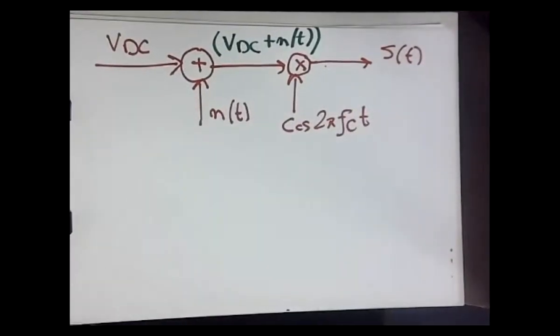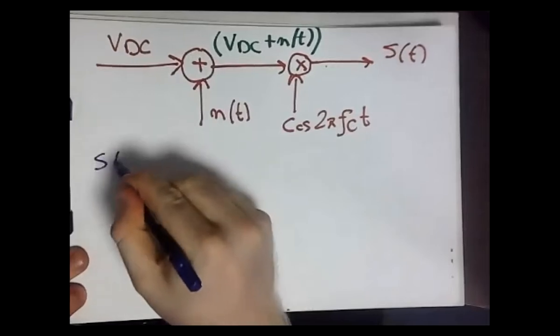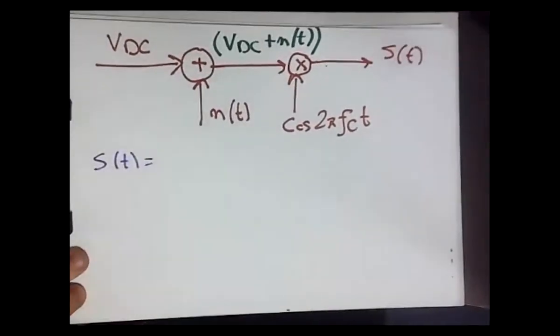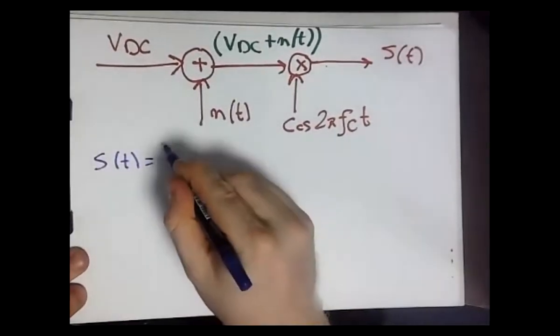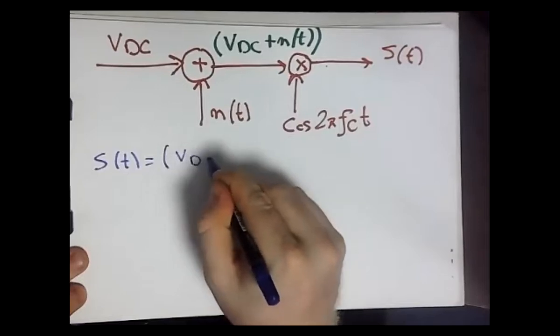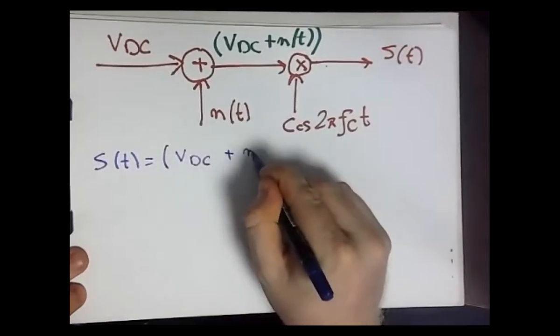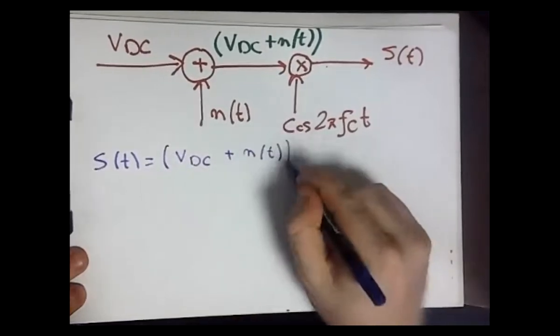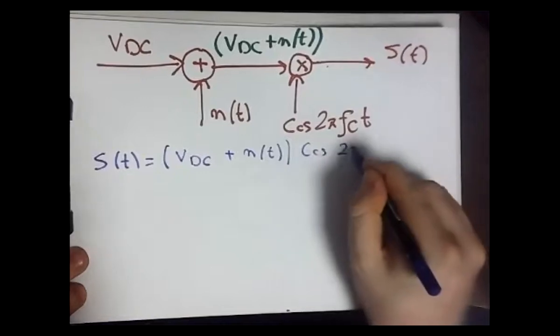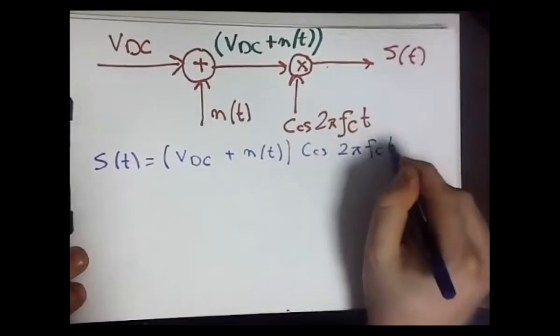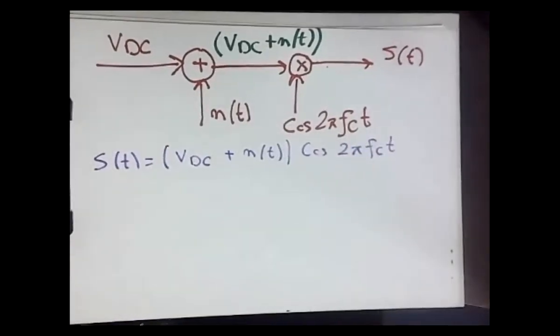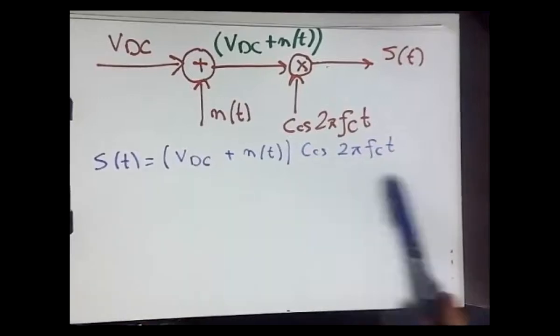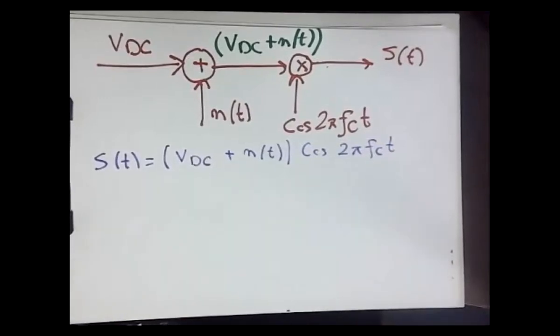So you can now write an equation for S of T. S of T will be equal to (VDC plus M of T) cosine 2 pi FCT. This is simply that S of T signal.